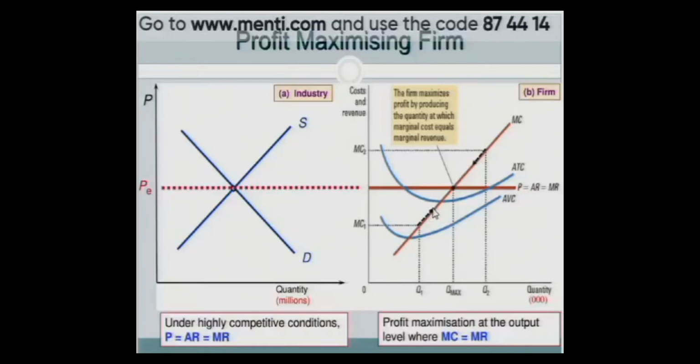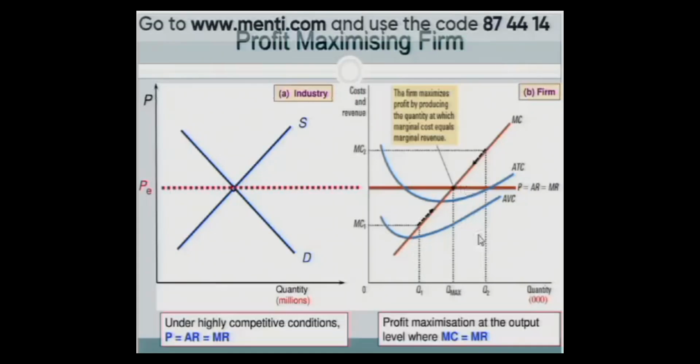So why not produce more? As they produce more, they eventually settle at this point, where marginal cost is now equal to marginal revenue. Beyond that point, marginal cost is higher than the price. So producing beyond that point doesn't make sense. So they settle at this point, and this point, as a result, is a rule for maximizing profits. At this point, profits are maximized for a perfectly competitive firm. That's also the Q max.